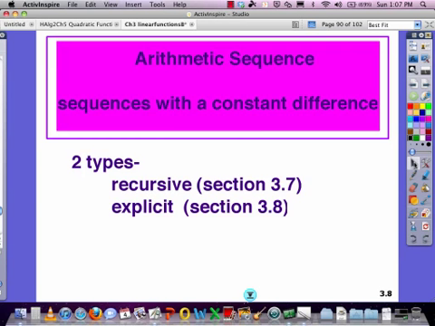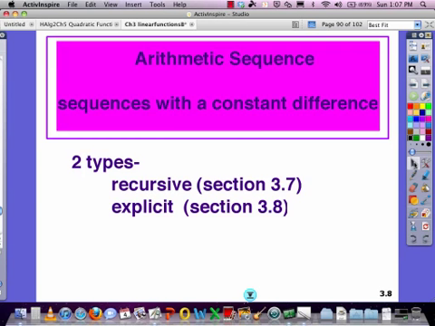Explicit, our definition early on in Chapter 1, gets you there directly. So you can go directly and find that one and only one term. In most cases, it will be faster than the recursive, so keep that in mind.